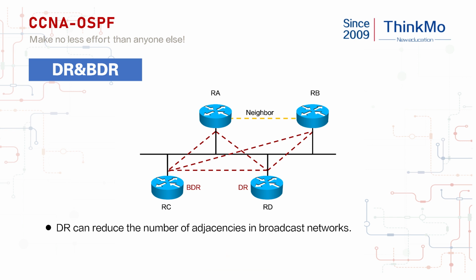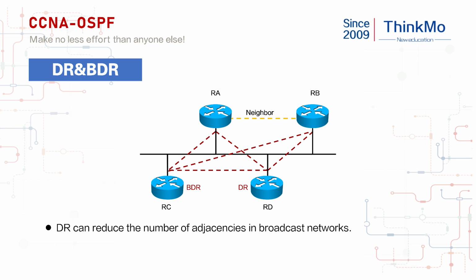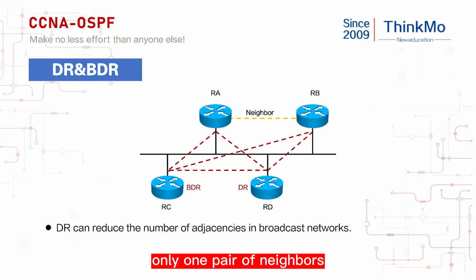Okay, let's go on to DR and BDR. In this environment, select one as DR and one as BDR. The red line represents the current number of adjacencies. There are 5 pairs in total, but now only 1 pair of neighbors.